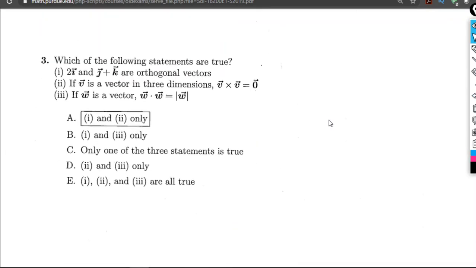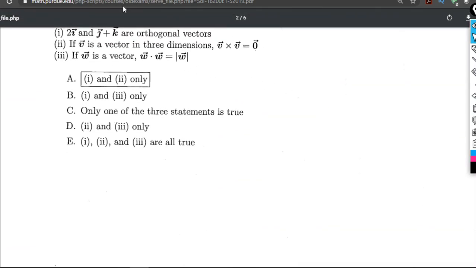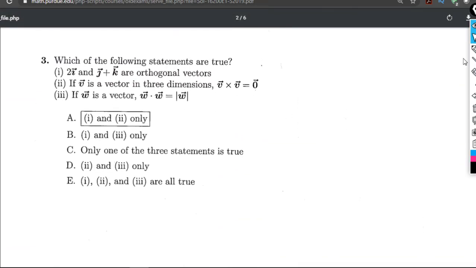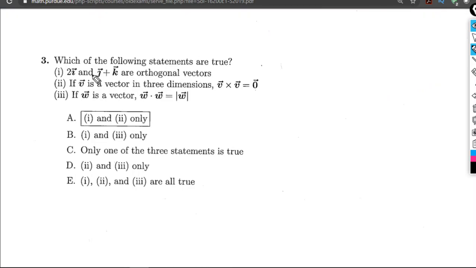Right, moving on to number 3. Which of the following statements are true? For statement 1, if you are trying to find whether the vectors are orthogonal, generally you can either do the cross product or the dot product.